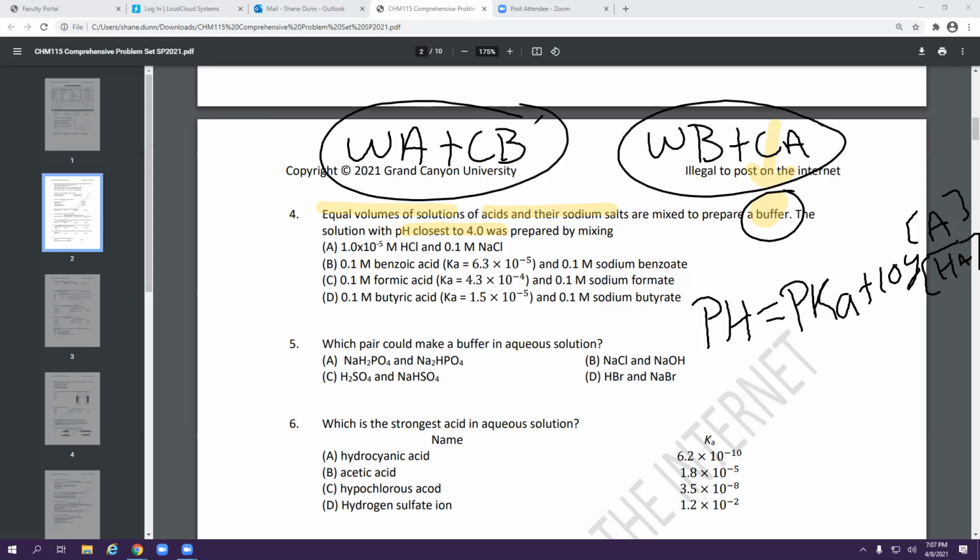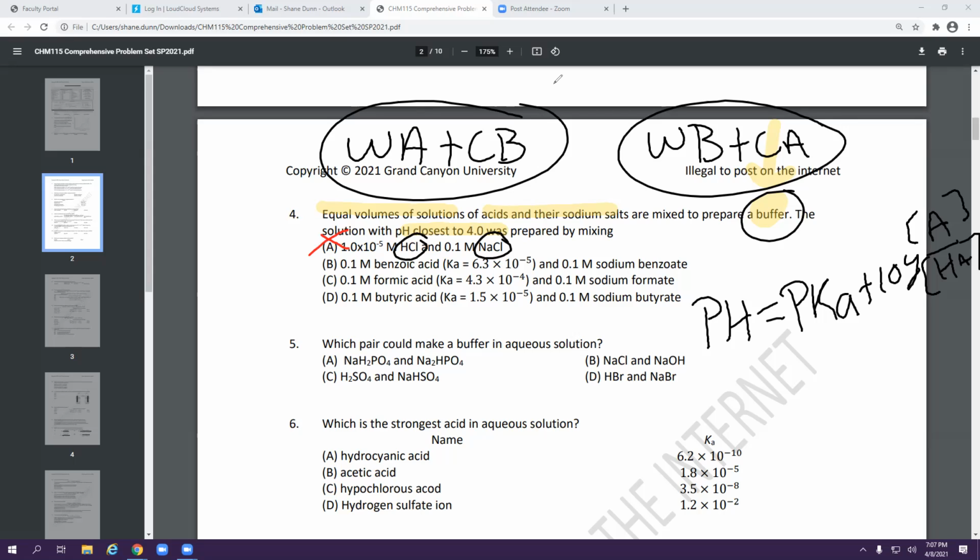So, two things. They both have to be weak, and it has to be for its conjugate acid and its conjugate base. It can't just be a random one. HCl, strong or weak? NaCl, that's a salt of a strong acid. So A cannot be right because it's a strong acid.